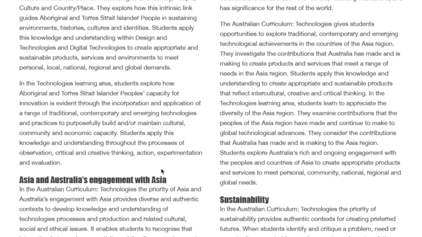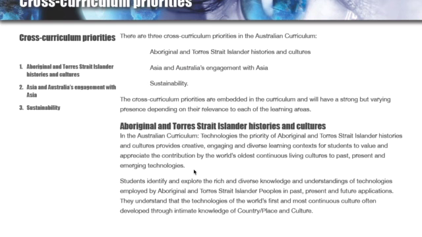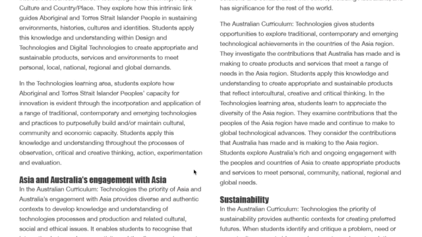Now, sustainability has some specific mentions in our curriculum, particularly the design and technology curriculum, but one of our overarching cross-curriculum priorities is to ensure that students have an understanding of sustainability and how we can actually create preferred futures that are sustainable and don't have a negative impact.